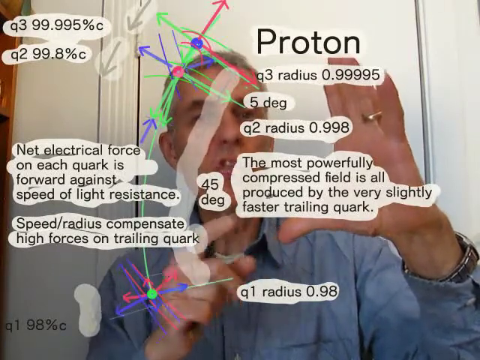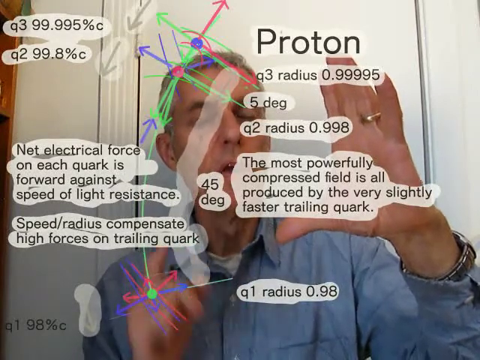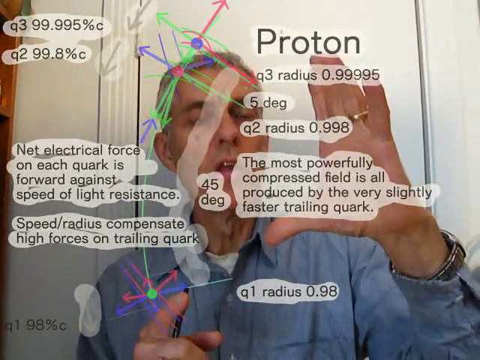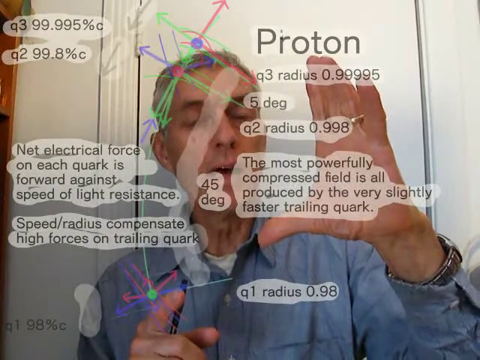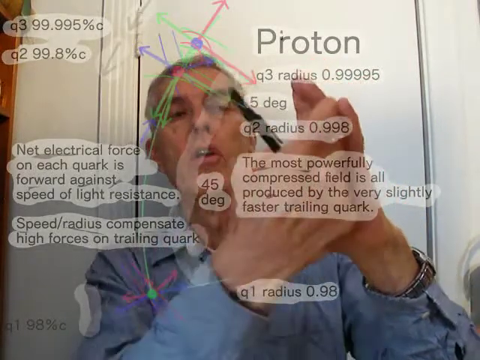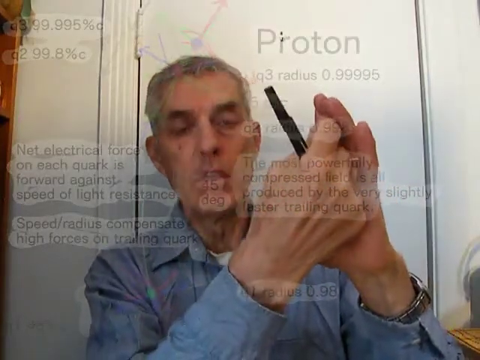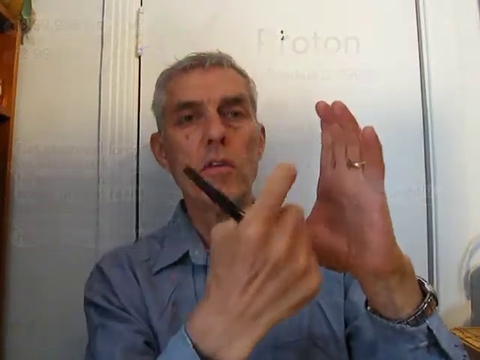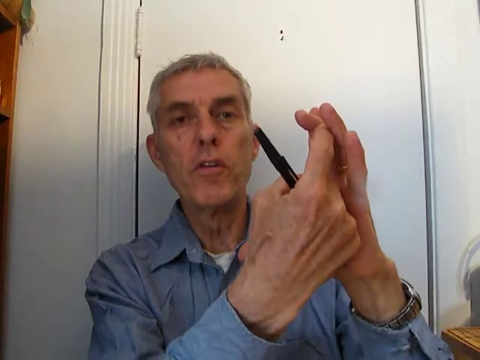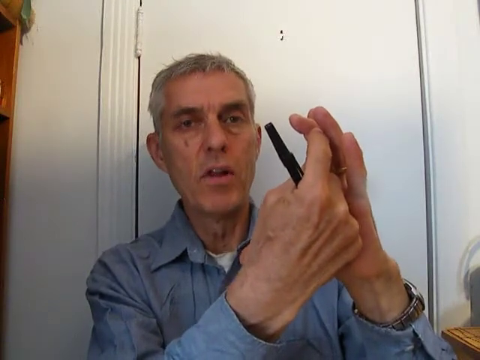Now you would say, well, 6 to 1, so the field from the trailing one will be the stronger field. But that is not correct, because in the direction of motion, the field only has to travel half the distance before it is met by a following quark, whereas the trailing quark's field must travel quite a distance before it can catch.